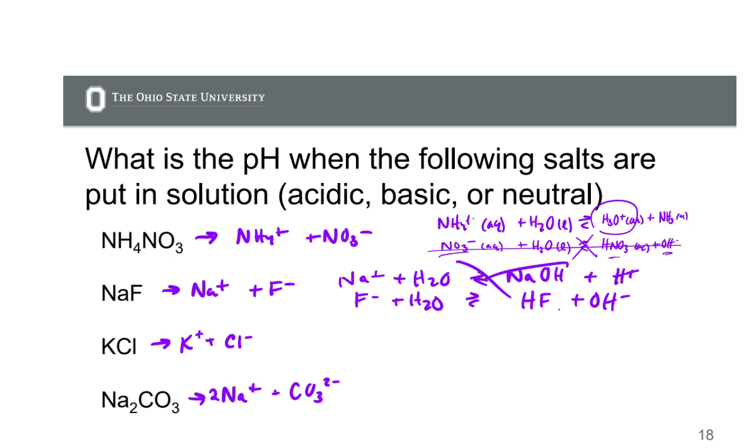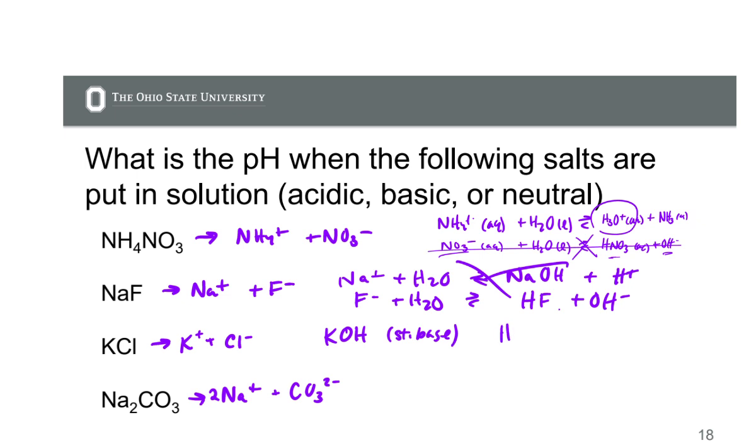All right. KCl, potassium ion, chloride ion, these are conjugates of strong bases and acids respectively. So if we combined K plus with water, we could potentially form KOH, which is a strong base.